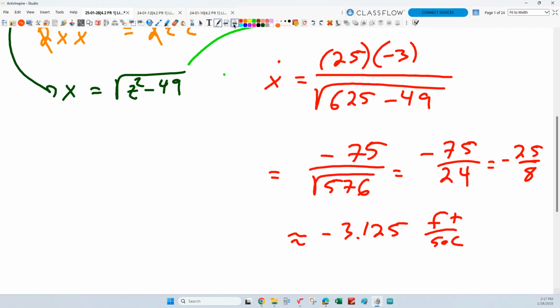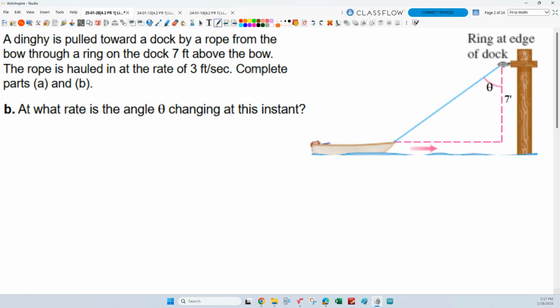Okay, part B. So now we already had a bunch of stuff, right? We've done some work, so we have a bunch of snapshot values. What do we know? Same stuff as before, at this instance.